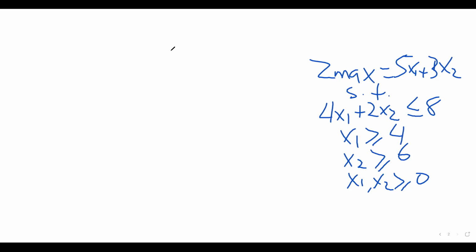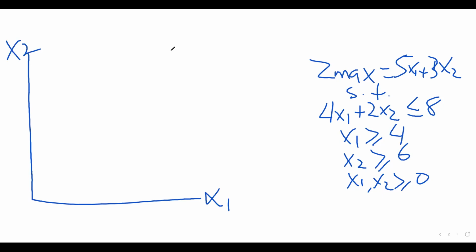Well, first thing to do, you draw your non-negativity constraint, x1 and then x2. Then you draw your x1 using an equality sign. x1 will be on the axis here, and the number is 4. So you identify a point here, call it 4, and this will now be labeled x1 equal to 4.